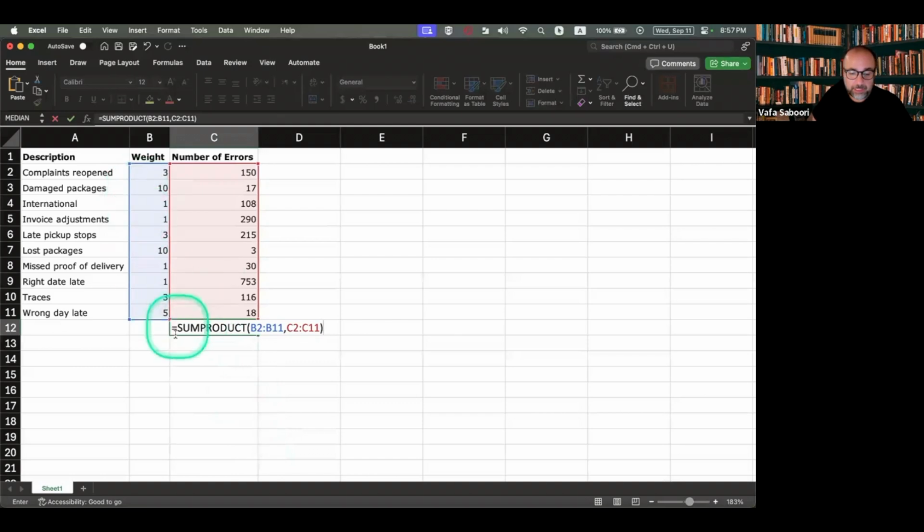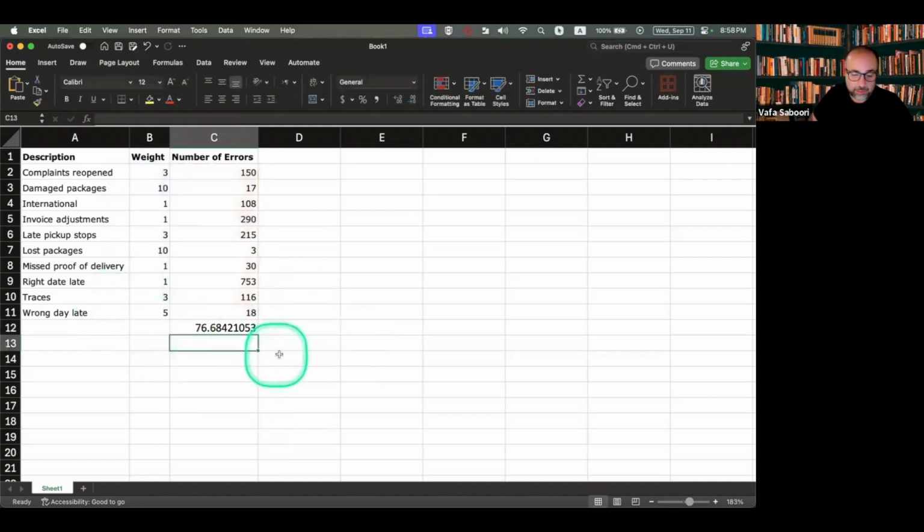So this is going to be the weighted sum of all these errors. And then in order to get the average, we need to divide that by the weights. So that will be the sum of all of these weights that we have in this column. So this formula basically calculates the weighted average for me.